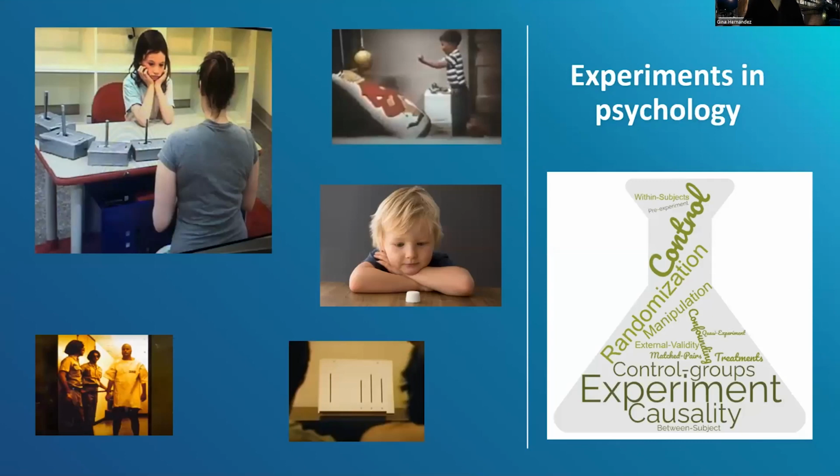Okay, so experiments in psychology. Here on the screen, you have some images relating to really famous experiments in psychology. I don't know if you can recall them. We have the Bobo doll experiment from Bandura. And we have the very famous Zimbardo prison experiment here.